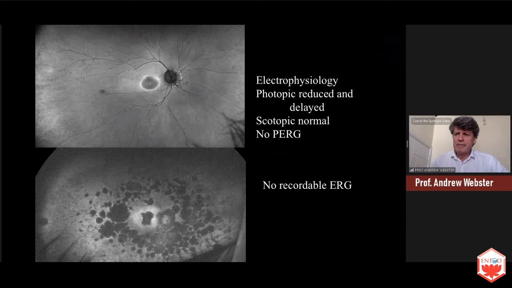So a dim light on a dark adapted eye was normal, and the bright white flash on a dark adapted retina, which mostly looks at rod photoreceptor function, was also pretty good. He had no pattern ERG, and we knew that he had no macular function. Whereas the other case had no recordable ERG at all, cones, rods, or pattern ERG. And it's the same gene that causes the disorder.